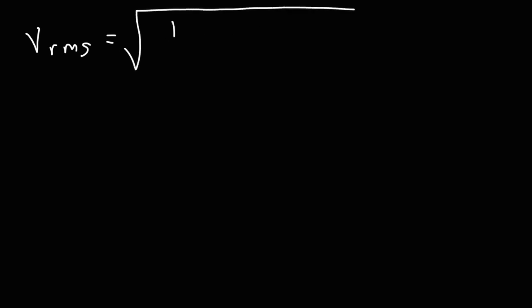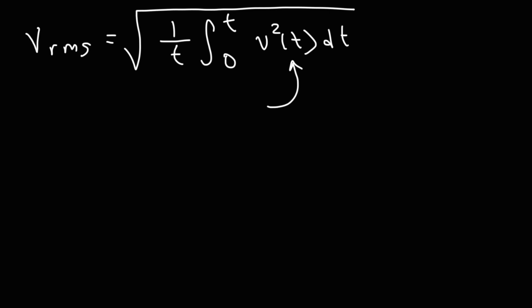Now it turns out that there's another way in which you can calculate the RMS voltage of a sine wave. But here's the general formula. So it's going to be 1 over T times the integral from 0 to T of the square of the voltage function dt. So it doesn't matter if you have a sine wave or a triangle wave or a square wave. If you know the voltage as a function of time, you can calculate the RMS voltage.